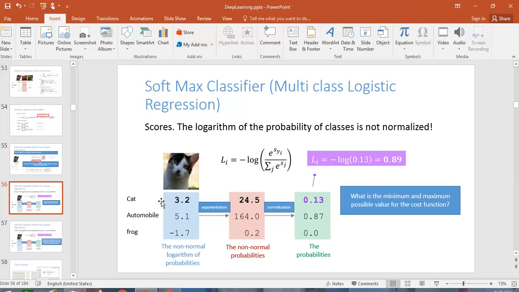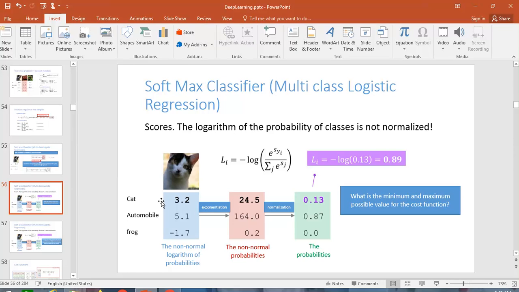Now, if we want to get the probability from these, that means we want to convert these scores into probabilities. The higher this score is, the more likely that class is for that input. We want to define a function such that the higher the score, the higher the probability. It means that there is a direct relationship. The first thing we do is the inverse of the logarithm.